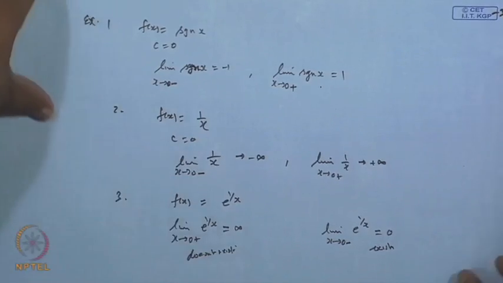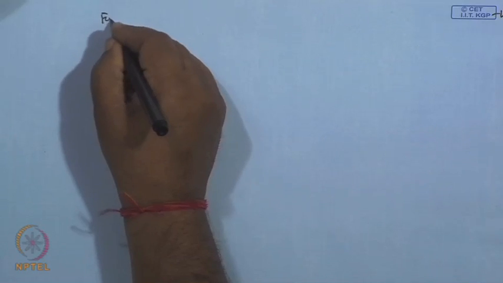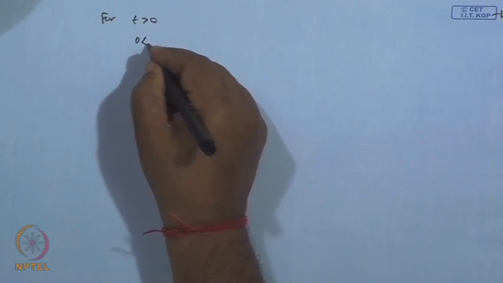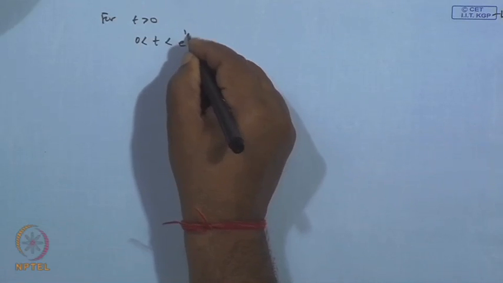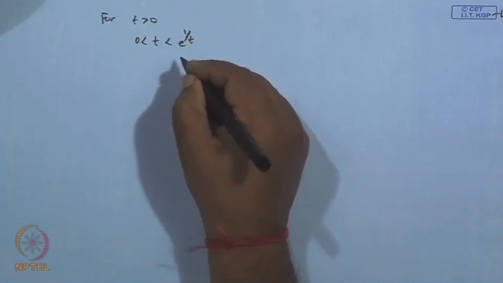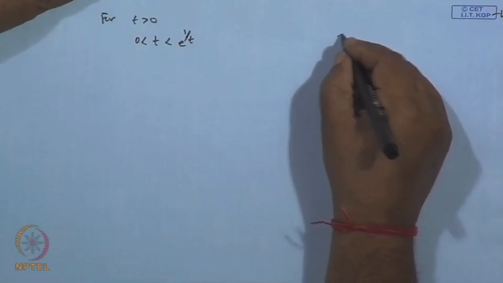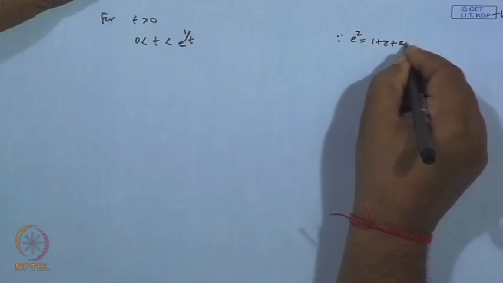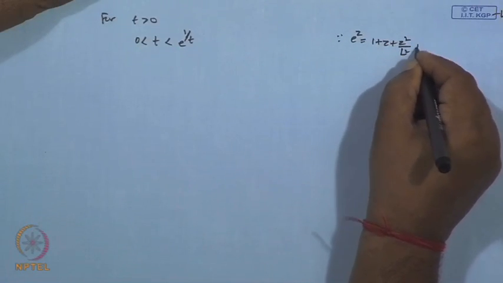Why is it so? Because for any t greater than 0, we have 0 less than t less than e to the power t, because of the expansion of e to the power t, which is 1 plus t plus t square by factorial 2 and so on.